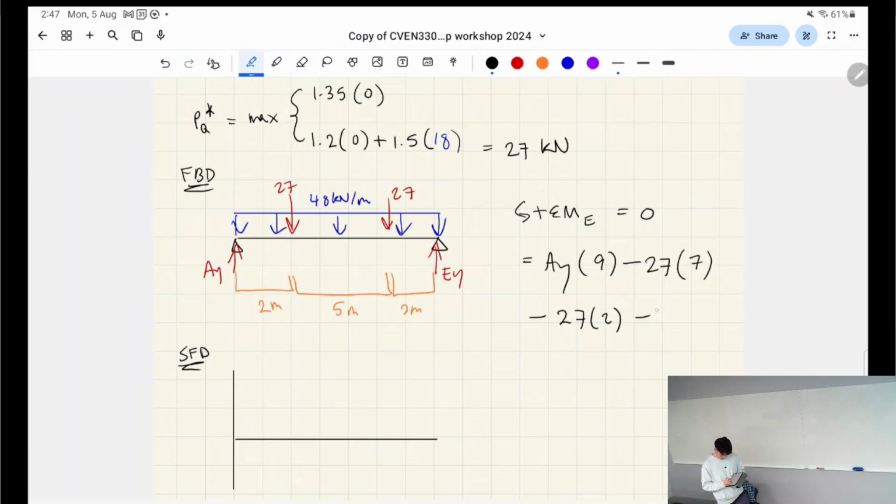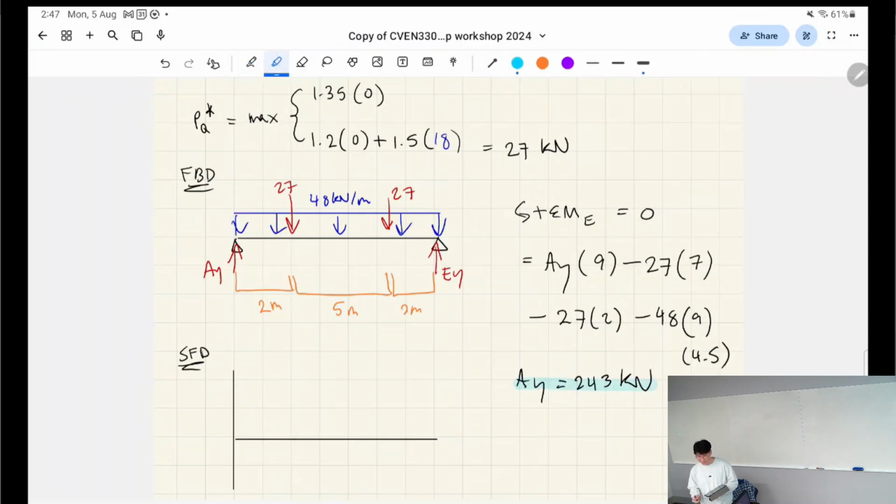So 48, it runs over 9 meters. And then we also want the lever arm. The lever arm of this load will be in the middle, so it's basically here, so 4.5. This gives us AY, it's this, kilonewtons. This ring a bell?